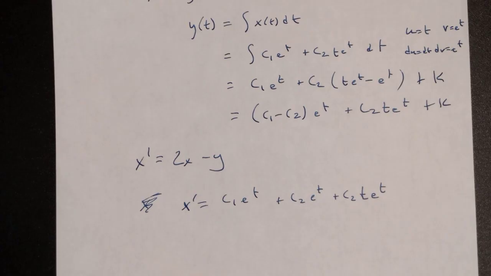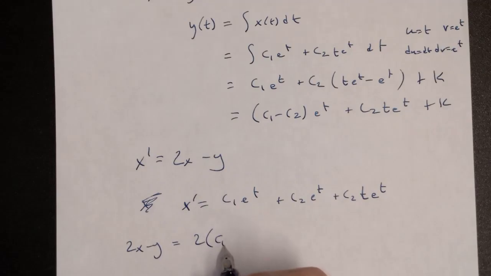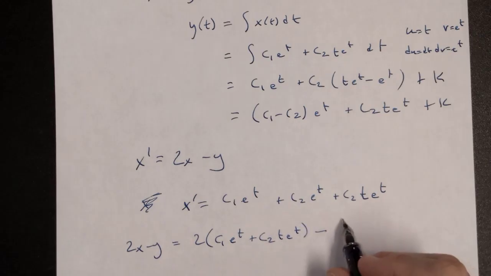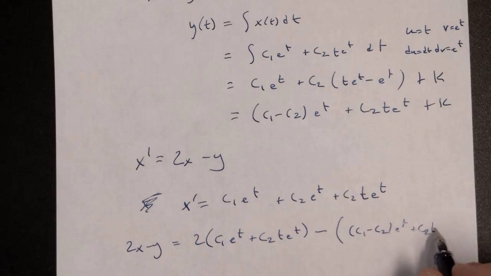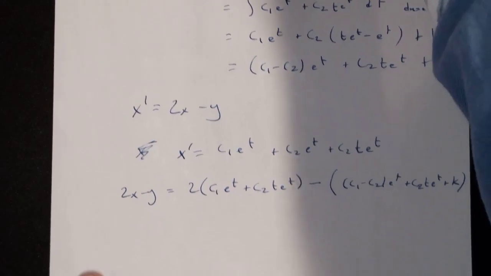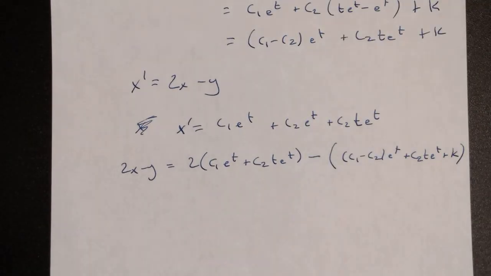And then I can figure out what 2x minus y is using these expressions. See where the k is? Multiply out and simplify all this garbage on the right. Tell me what you get.